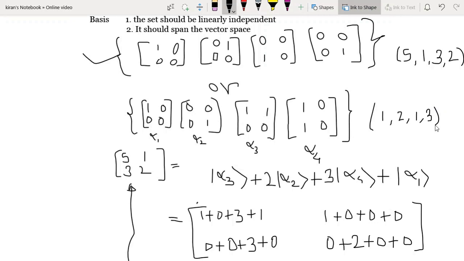So you see the representation of a matrix in different bases is different.